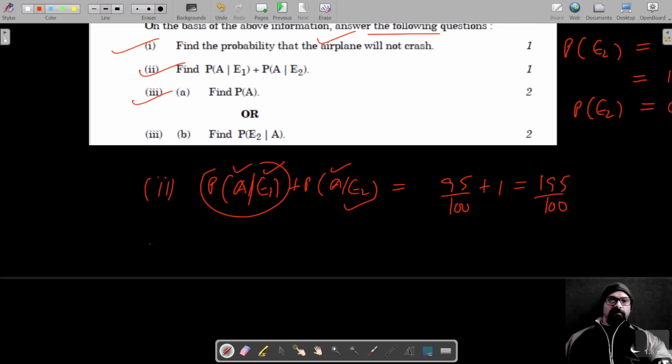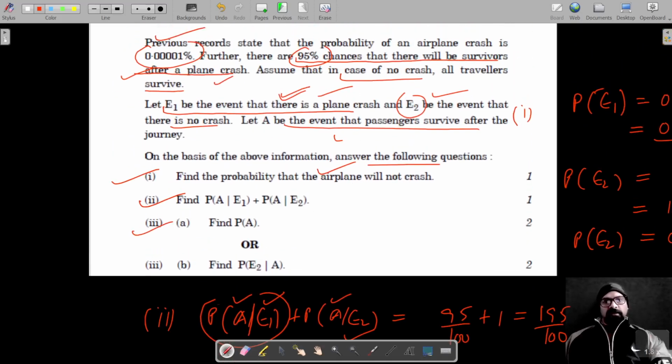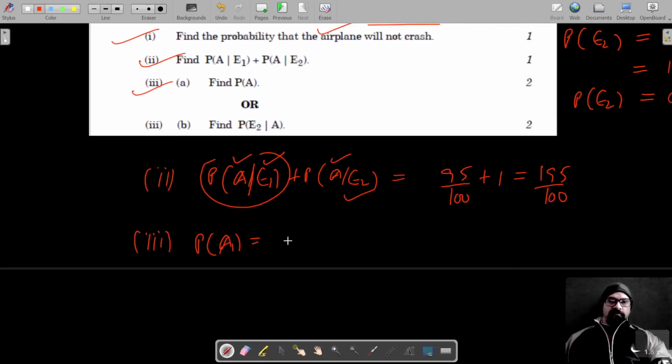For the third one, we have to find the probability of A for the whole scenario. A is the event that passengers survive after the journey, so that is equal to the probability of E1 into the probability of A by E1, plus the probability of E2 into the probability of A by E2.